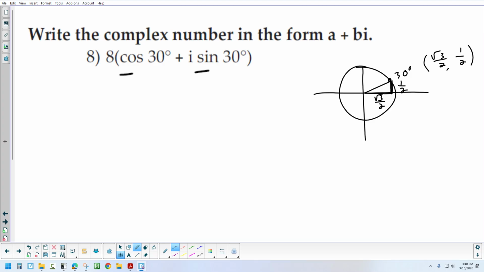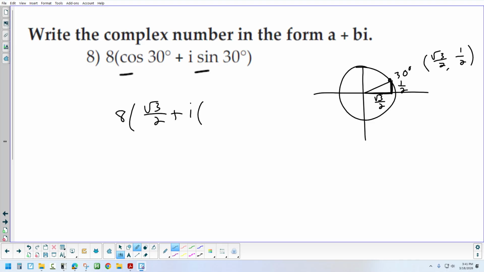All right. So now, cosine is which part of this coordinate? The x value. So what's the x value in that coordinate? Root 3 over 2. That's the cosine of 30.